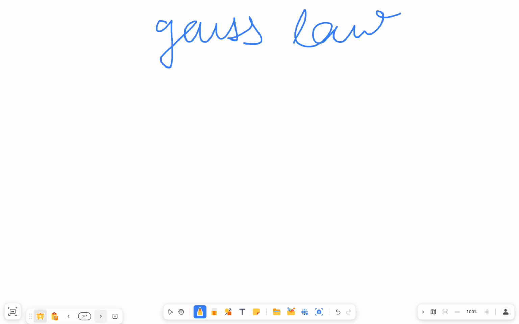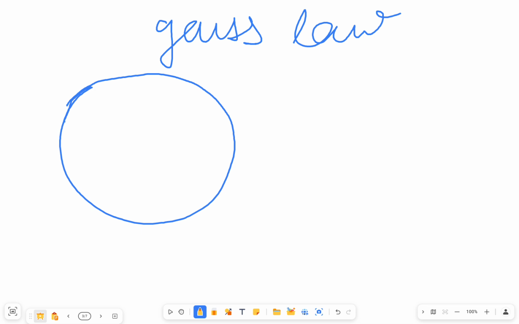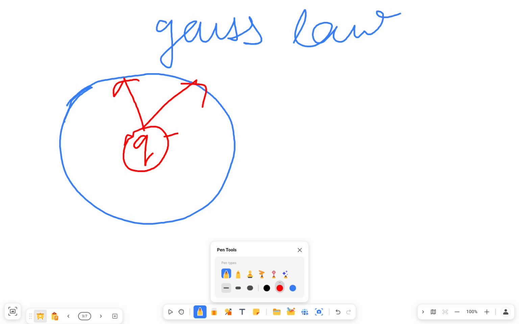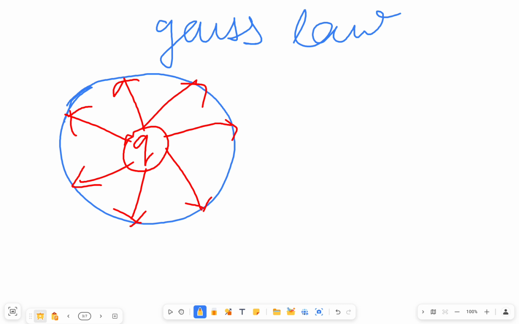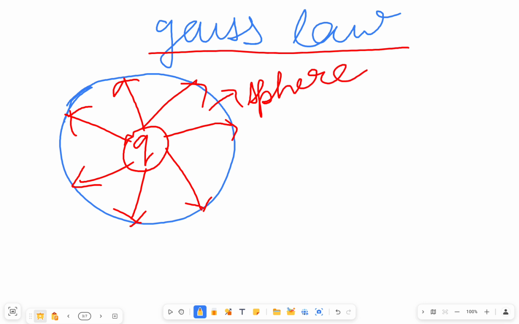If the surface is any kind of closed surface, like this is a sphere, and the charge Q is placed inside it, the electric field lines will get radiated in all directions. So the total electric field lines that are passing through this entire surface of this sphere is called Gauss law.